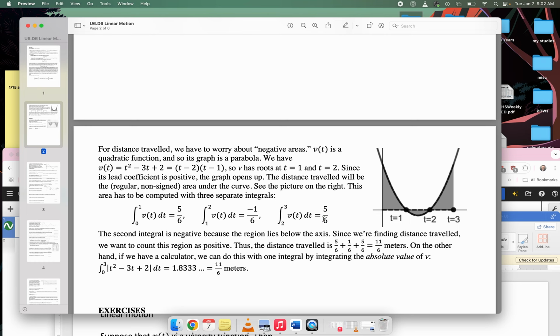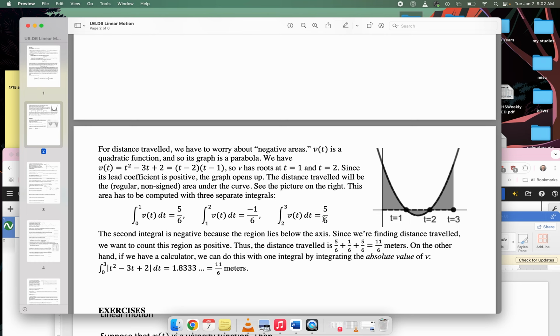There's another way, but you can only do it if you have a calculator, okay? And you won't always have one. You won't have one on this test. So you need to know both ways. So one way to do distance traveled is to figure out when the velocity function's positive and negative and do separate integrals over each region.